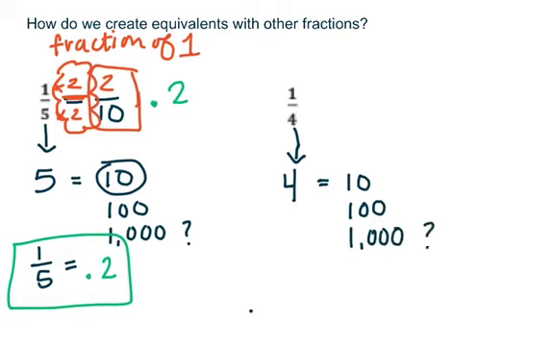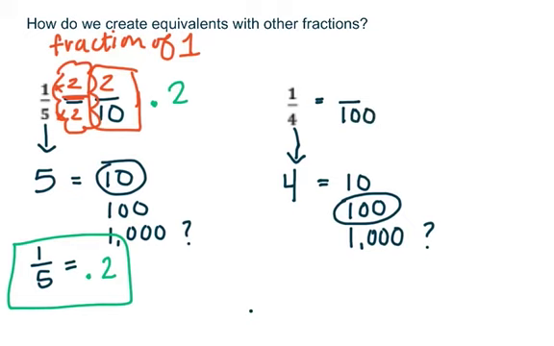Well, I know 4 does not go into 10, but 4 can go into 100. And so it makes me think about quarters. So it's going to equal something over 100.